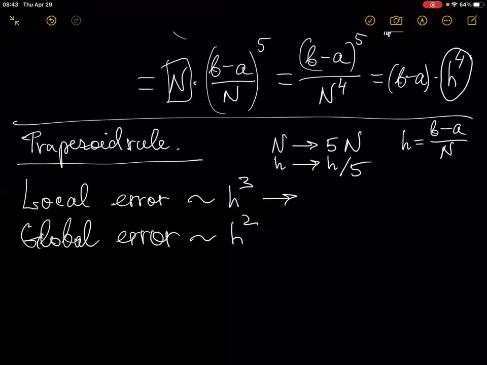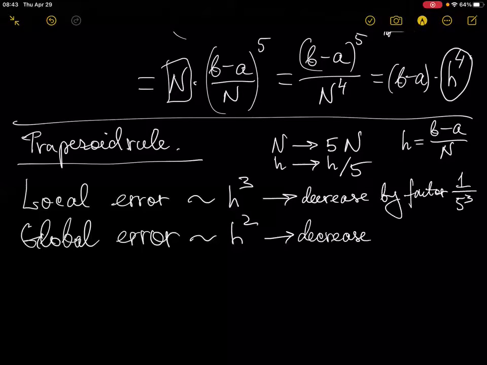It'll decrease by a factor of 5 to the third, or 125. Okay, how will the global error change on the whole interval? It'll decrease by a factor of 1 over 5 squared, or 1 over 25. Okay, any questions here? Do you understand what is going on?